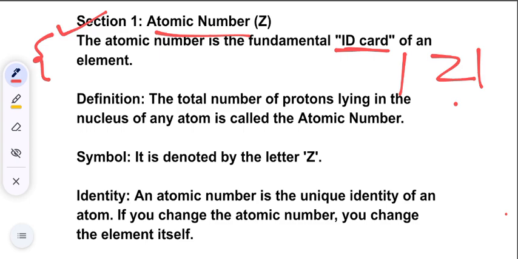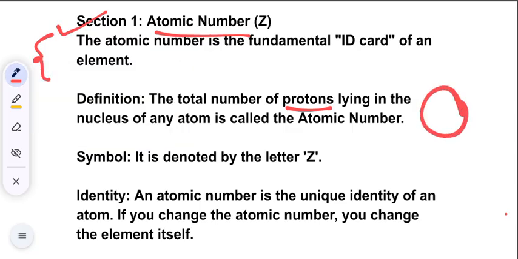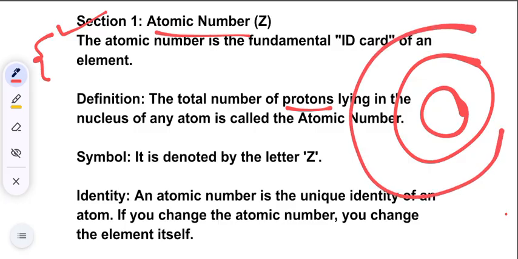Now the proper definition mentioned in your book is the total number of protons. We will proceed with the definition, don't worry, but for those who don't know, let me explain what a proton is. You know that an atom looks somewhat like this structure. I am not very sure of this drawing, but it is something like this.